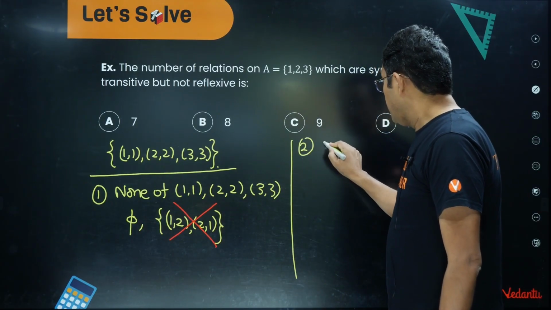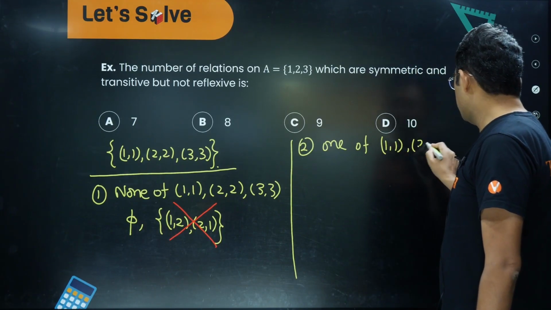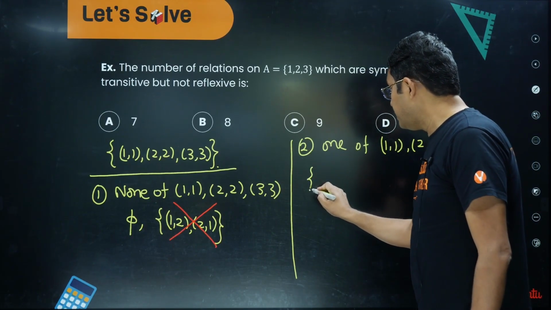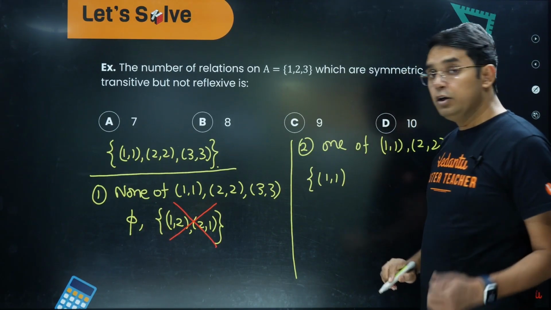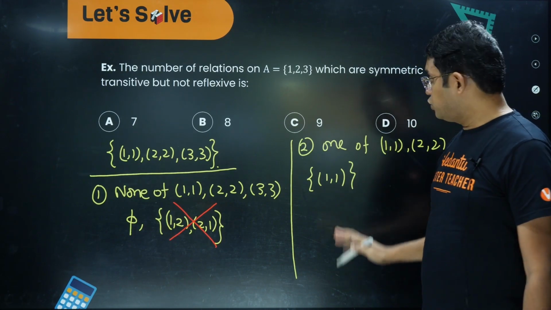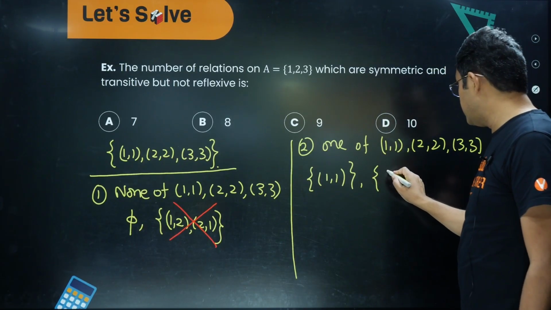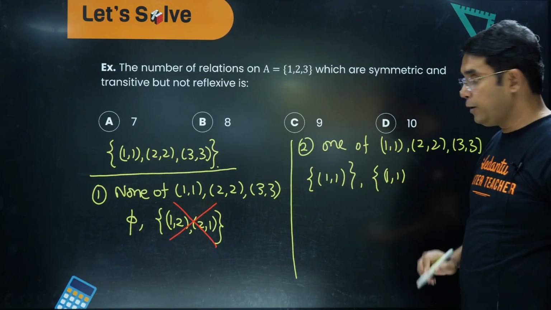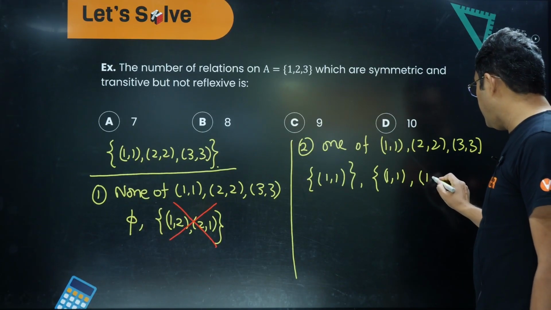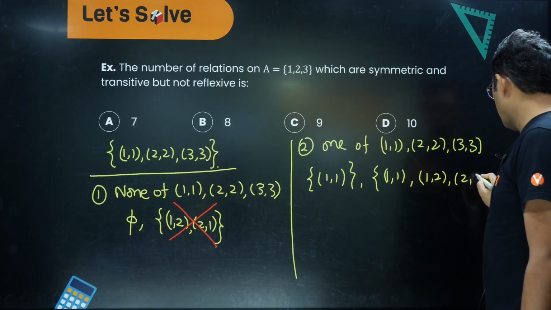Now case 2. If I take one of 1,1, 2,2 and 3,3, out of these three, only one of them, so let me take 1,1 here. If I take just 1,1, this is symmetric as well as transitive, so this will be counted. Now if I try to make one more relation from this scenario, when 1,1 is there and I take one more ordered pair, let's say 1,2, then to make it symmetric I will have to take 2,1 also.